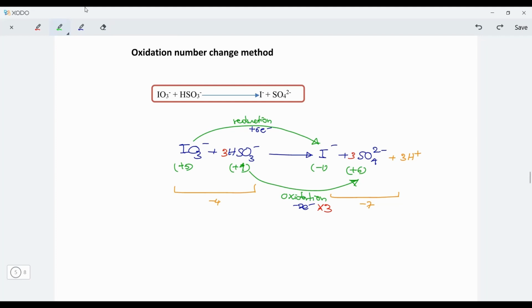Now I hope you understand how to balance this one. It's very simple, right? If you use this method in the exam, you will get full marks, like you get in your half-ionic method. In that one, the marks may be divided into oxidation half 5 marks, reduction half 5 marks, and full equation 5 marks, like that 15.